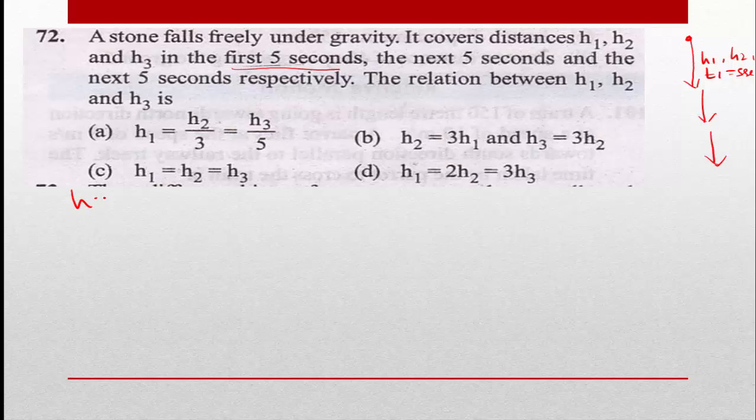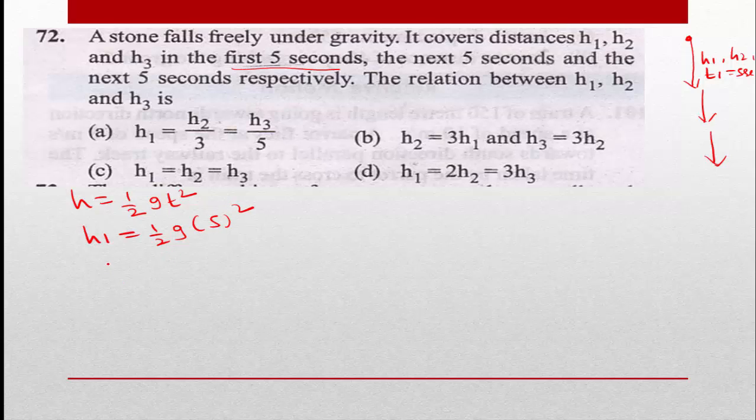Here the stone falls freely under gravity, which means the initial velocity is 0. Therefore h is equal to ut plus half at square. Instead of at square I use 1 by 2 g into t square. U equal to 0, so h equal to 1 by 2 g into t square, and then h1 is equal to 1 by 2 g into 5 square.